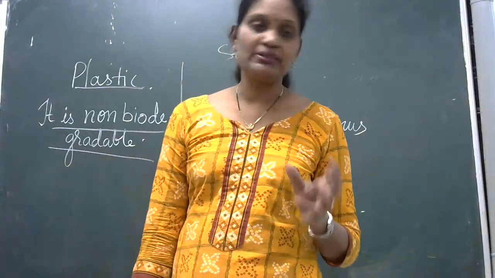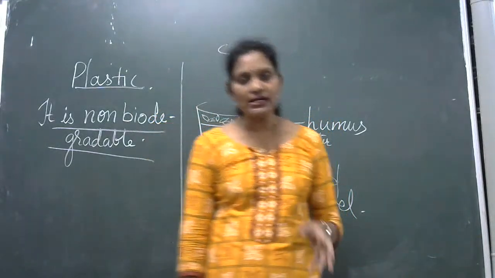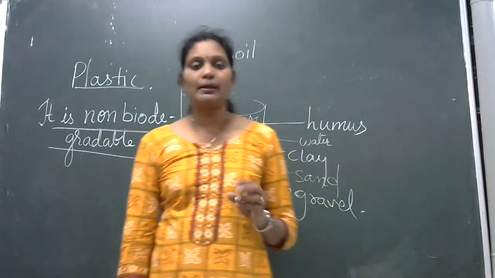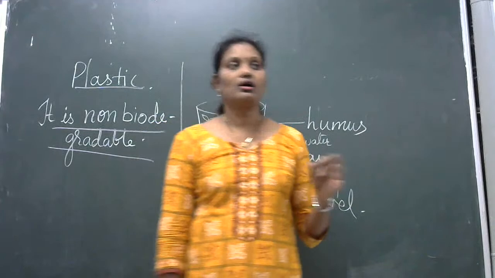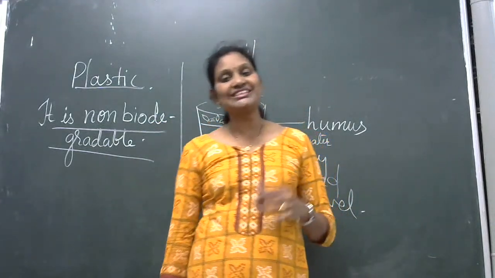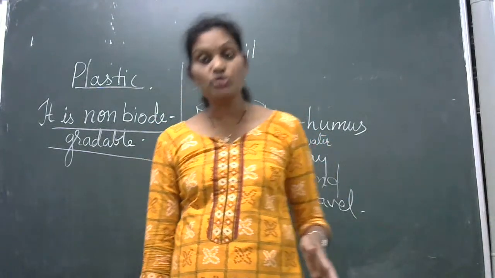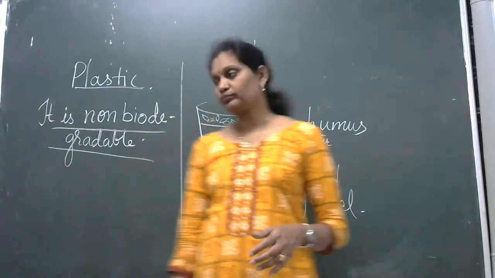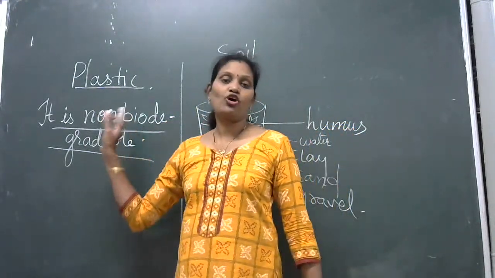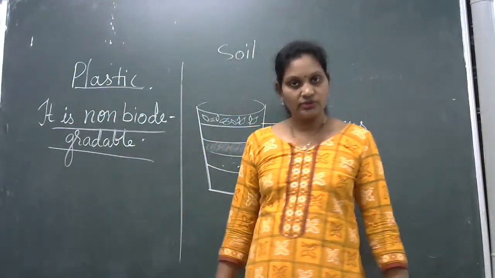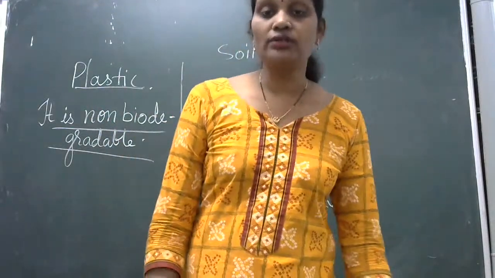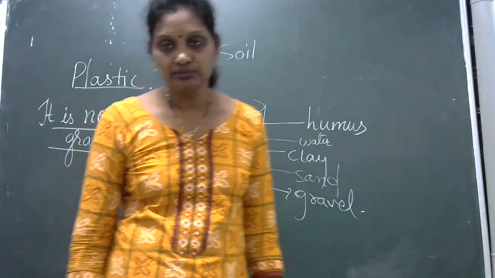Living things can be decomposed, like plants and animals. Things made from parts of plants or animals can also decompose, but these things cannot be decomposed. Plastic. So it is non-biodegradable.